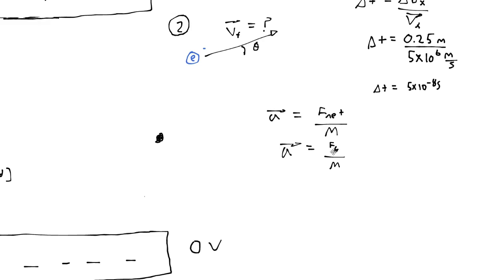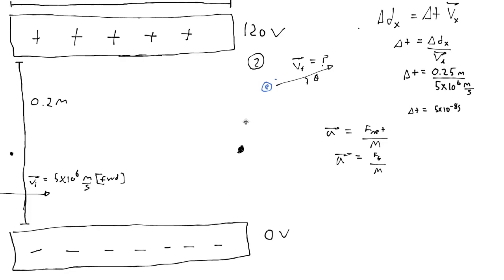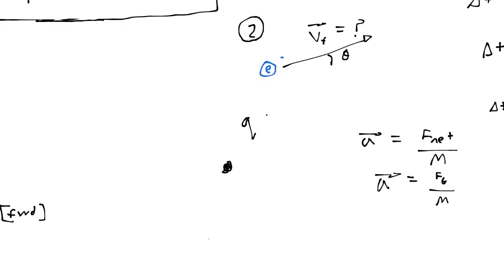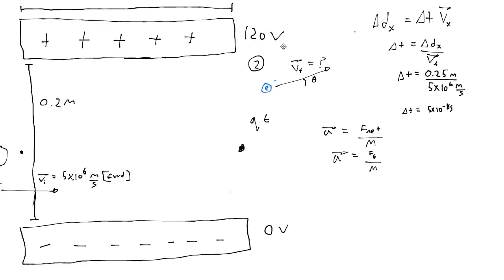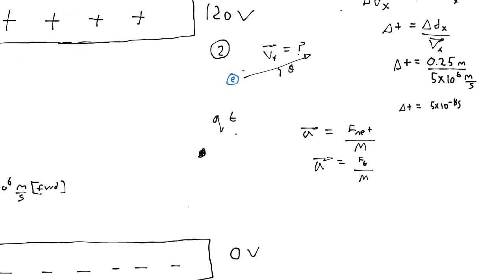And now the electrical force in this case is equal to Q multiplied by the electrical field, right? But we don't have the electrical field. We have voltage and we have the distance. We can find the electrical field because the electrical field is also equal to delta V over delta D.